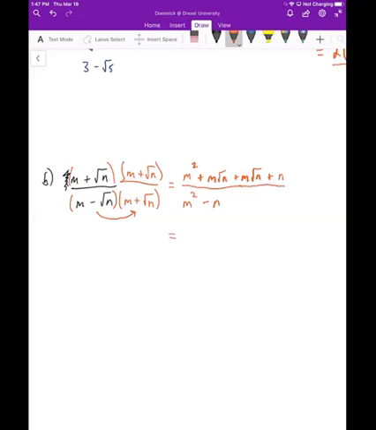So if we combine our like terms, in the top we get an m squared plus 2m square root of n, and then plus n, and then all of this over an m squared minus n. Right? So of course we can't factor anything out here, so this will be the best that we can do, and that'll be our final answer for this one.